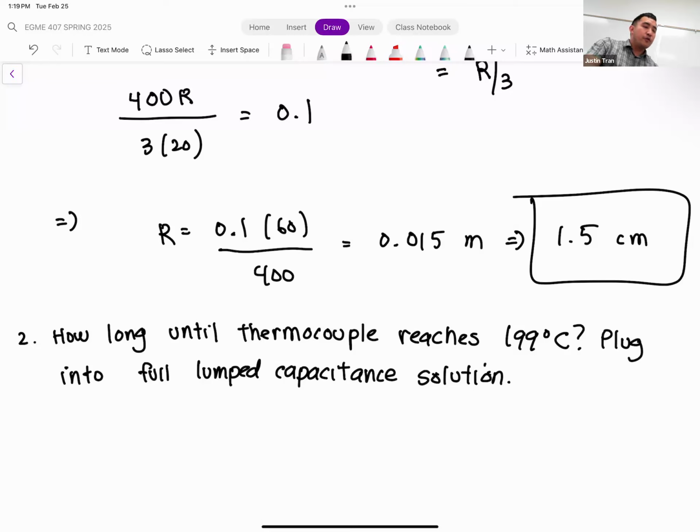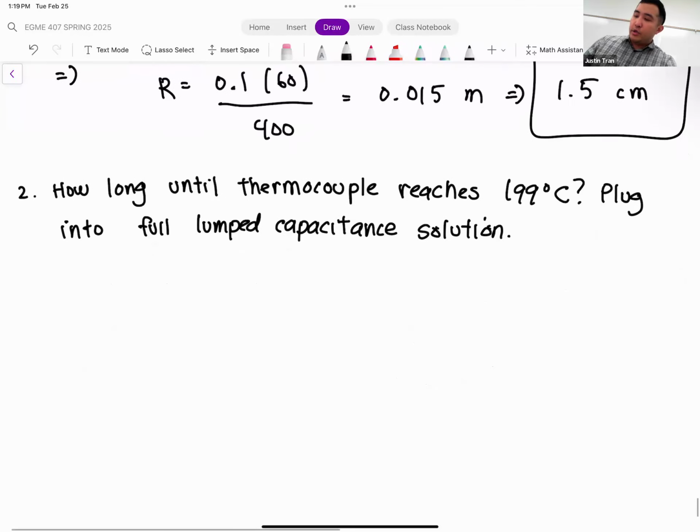We already solved for the solution to the lump capacitance equation. For a general situation like this, where the only heat transfer we have is convection, remember we obtained this solution after solving the lump capacitance equation.